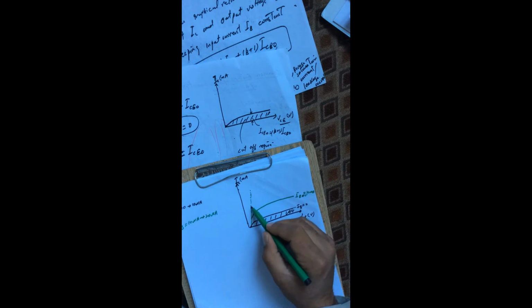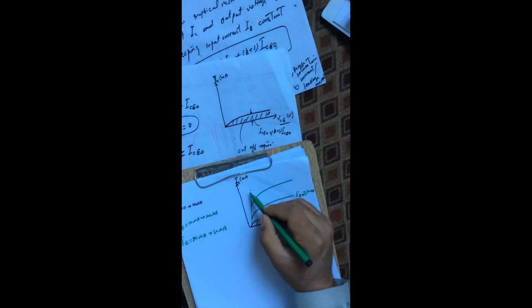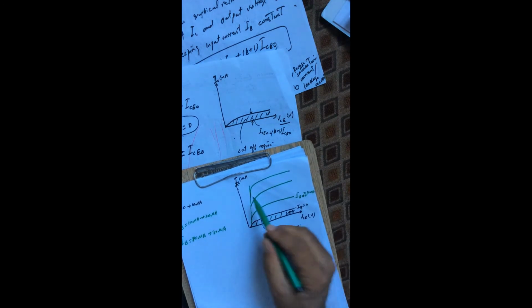If I increase the IB value from 10 microampere to 20 microampere, then the situation is like this. If I further increase IB from 20 to 30 microampere, then it will behave like this.